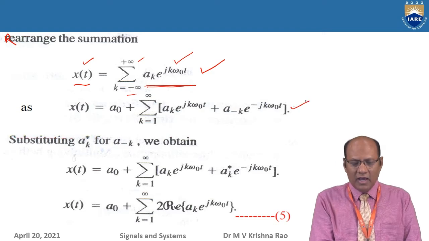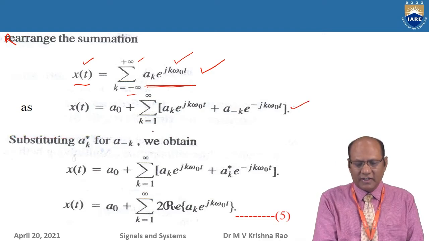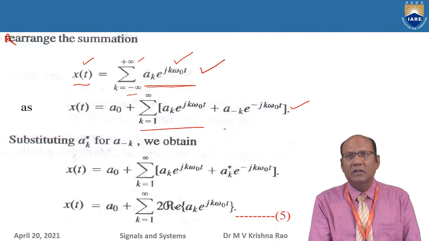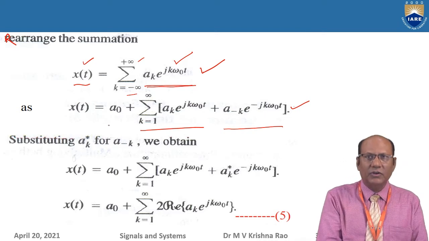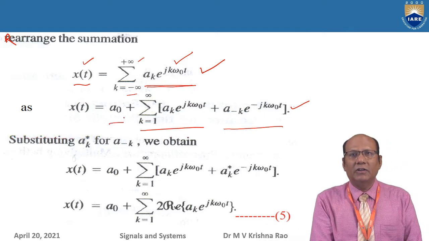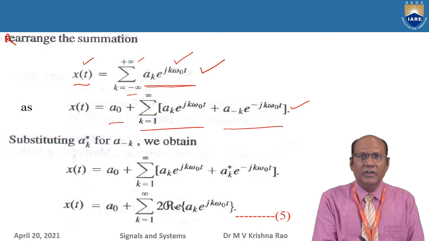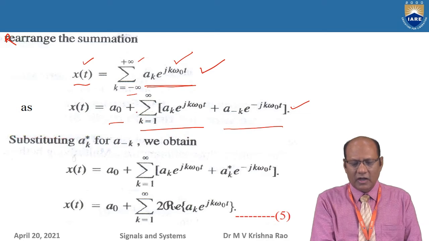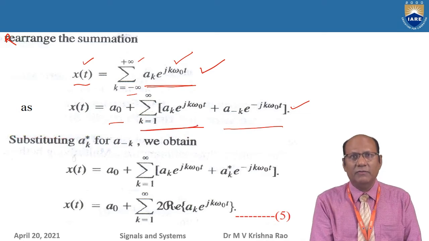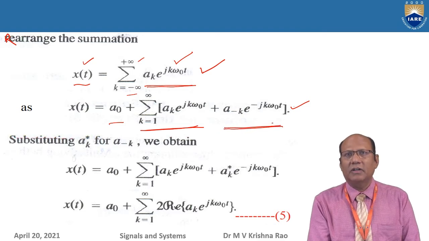I am collecting all the positive terms on one side and the negative terms on the other side, representing positive and negative as two separate terms, and the 0th term for k equal to 0 is nothing but a naught, since e to the power of j0 is unity. So a naught plus the positive terms as one set and the negative terms as another set. This is what I am doing.